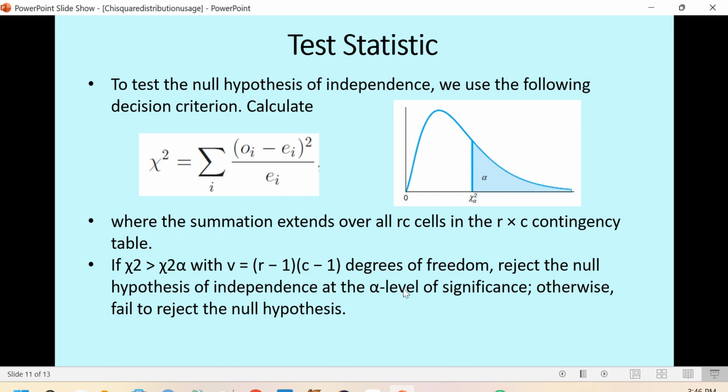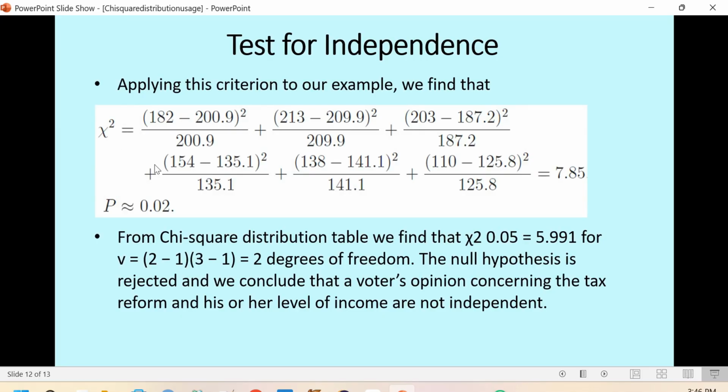So next, we just calculate this number. From the data, this number is about 7.85. And for a chi-square distribution with 2 degrees of freedom, the alpha 0.05 critical value is 5.991.